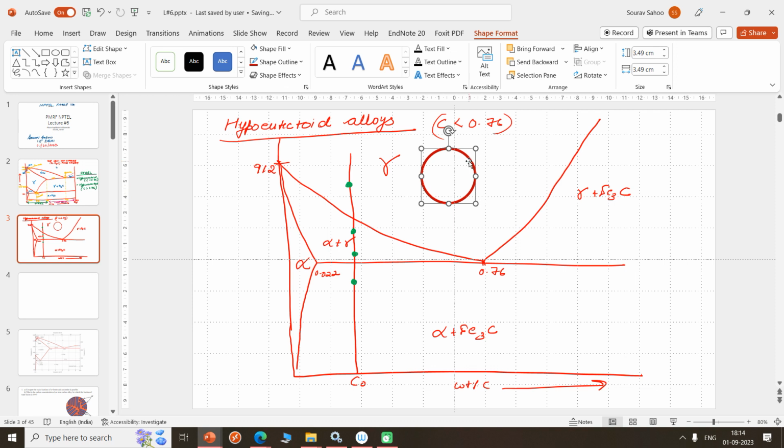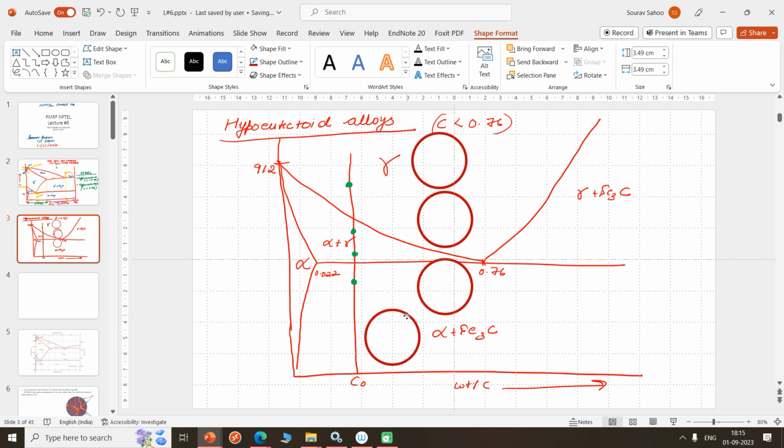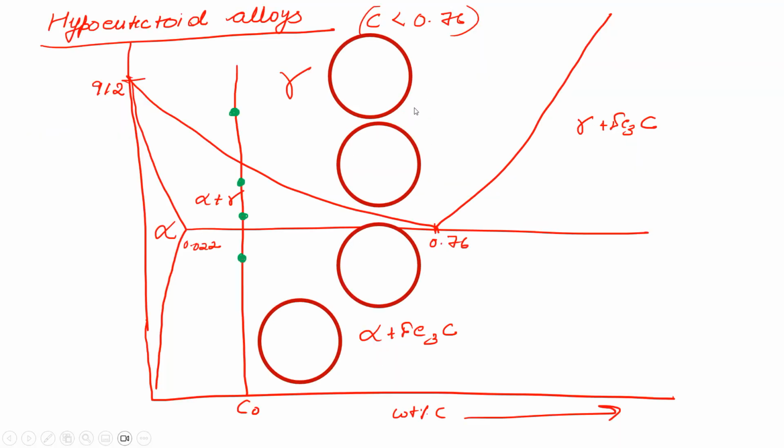So we will be drawing 4 phase fields corresponding to the 4 regions that we have marked along this composition. Okay, let's arrange them. Let this be somewhere here.